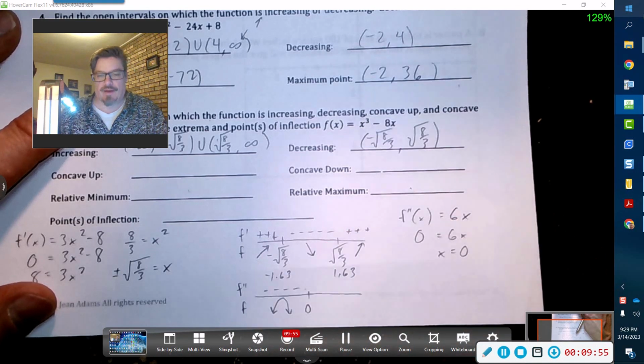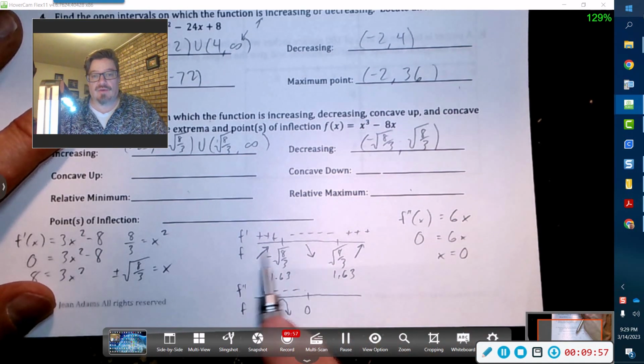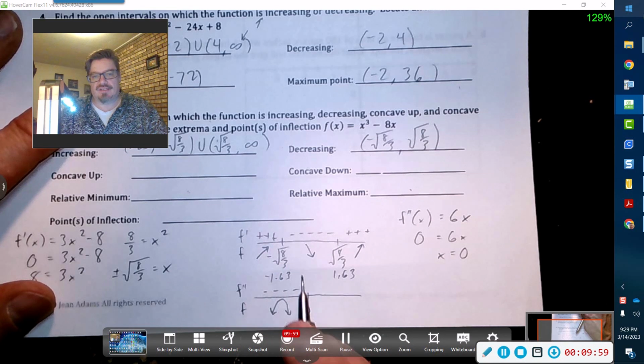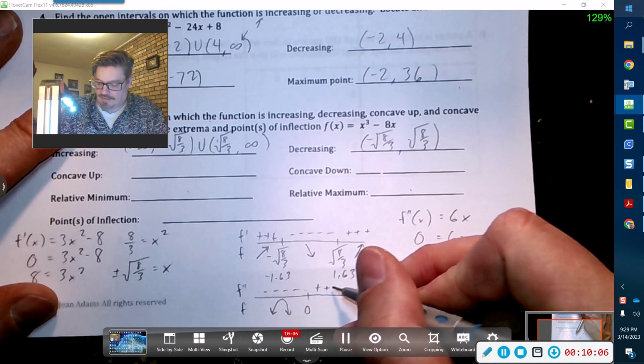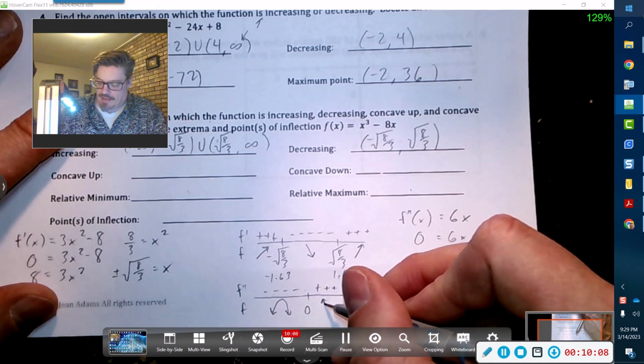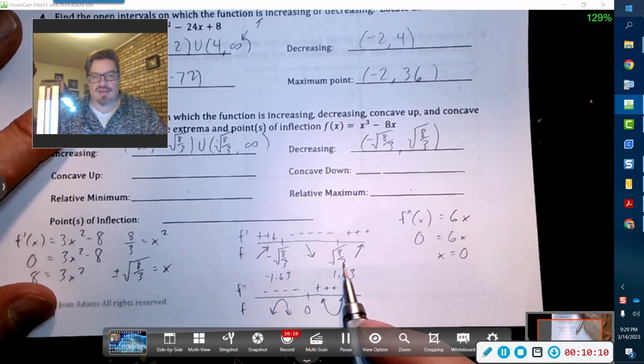That's exactly what I see here. Then at 0, it transitions, and I bet when we put in the positive, we're going to get positive. So this guy would be concave up, which is exactly what these arrows are alluding to.